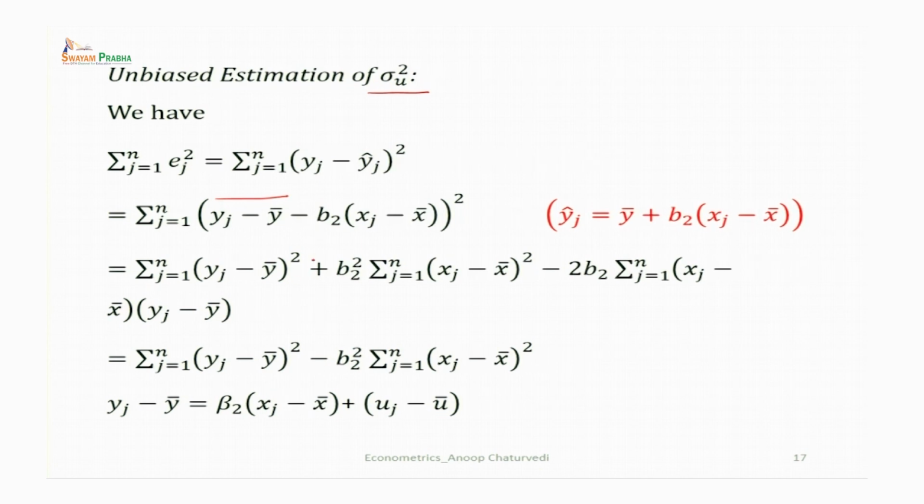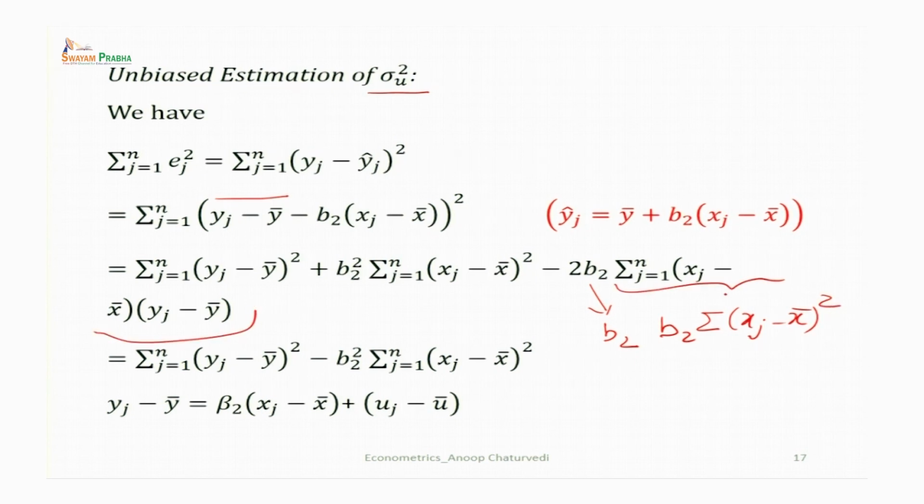And then you get the first term here. Actually, this last term is B2 and summation x j minus x bar Y j minus y bar is equal to B2 times summation x j minus x bar square.